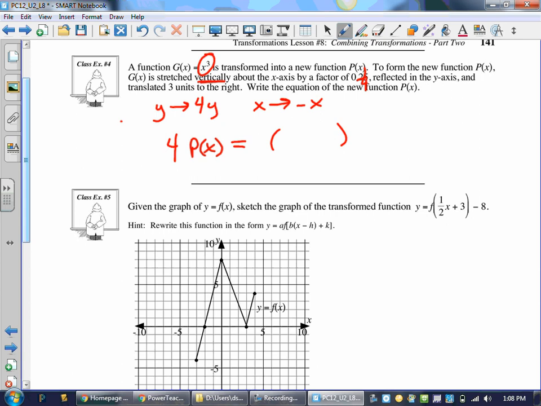Yeah? Wait, I know that it's not replacing y with 1/4 y and it flips the other way. No, replacement is always the opposite. It's the reciprocal. Now, when I put it over here, it's going to be 1/4. Okay, when I put it on the right, I'm just putting it there for my replacement side. My x is becoming negative x. So I'm going to go like this, and I'm going to cube it. Correct? That would be the next step.